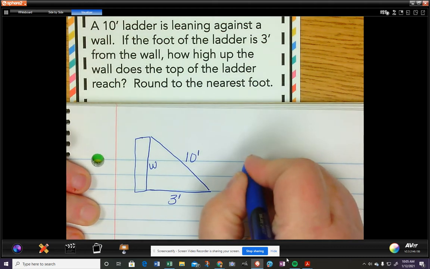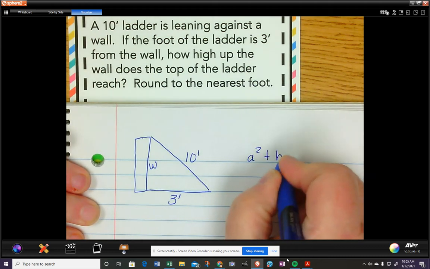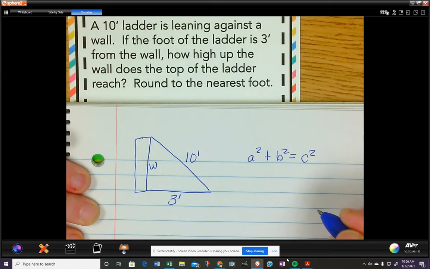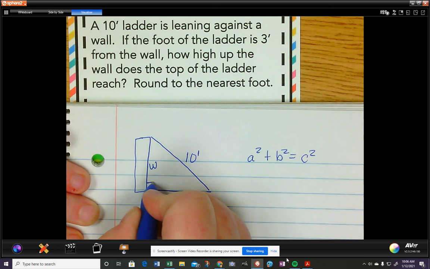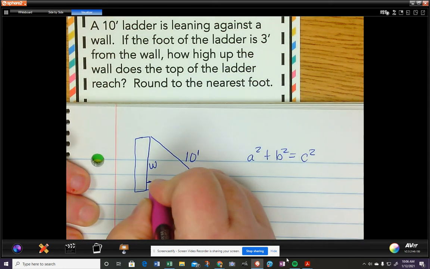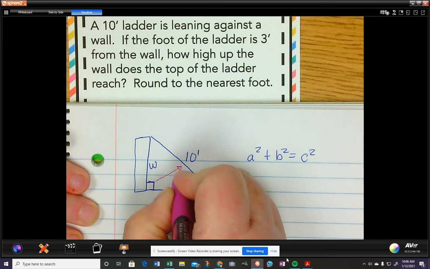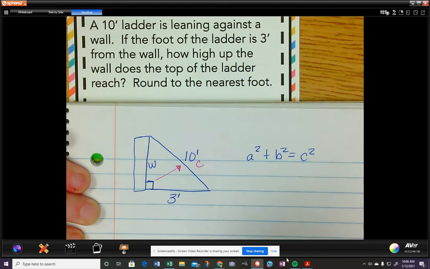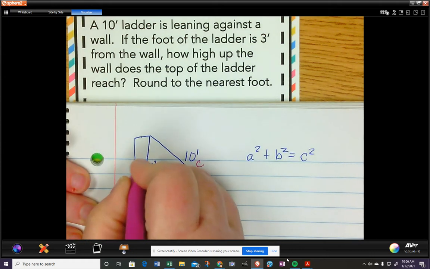So I'm going to do a squared plus b squared equals c squared. What is my a? What is my b? What is my c? Here's my right angle. My c is always across from the right angle. That is c. So this one can be a.